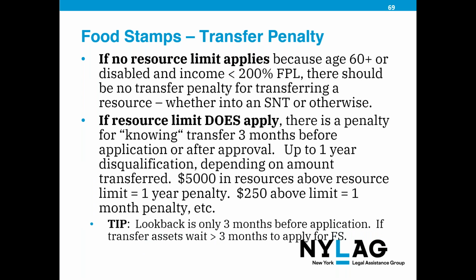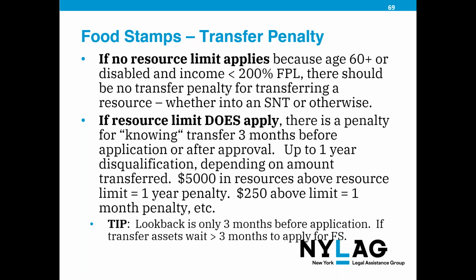So if there's no resource limit because your income is under that 200% federal poverty level and you're either age 60 plus or disabled, then there's no transfer penalty for transferring a resource, whether to a pool trust or a supplemental needs trust or otherwise. But if a resource limit does apply, there is a penalty for a knowing transfer 3 months before the application or after the application's approval.